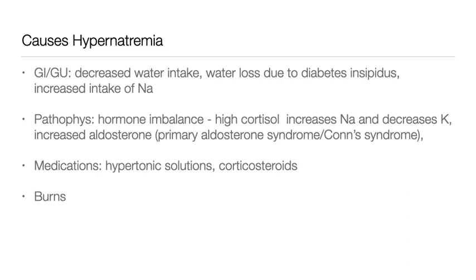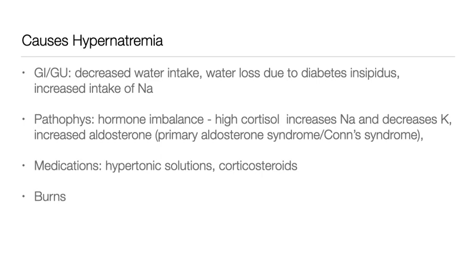And let's say you eat a lot of sodium, which we all do because our foods in the United States are packed with it. That is also a cause of hypernatremia. As far as disease and illness goes, hormone imbalance, high cortisol or stress levels increase sodium and decrease potassium.